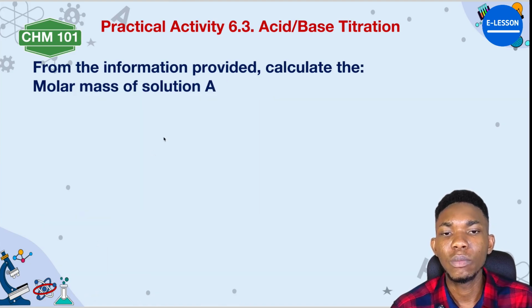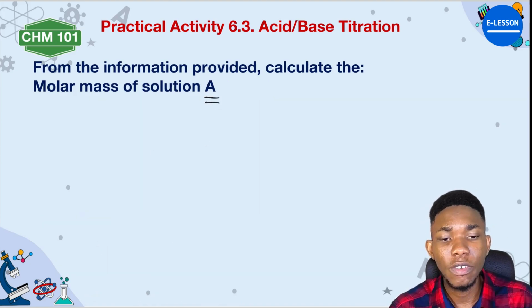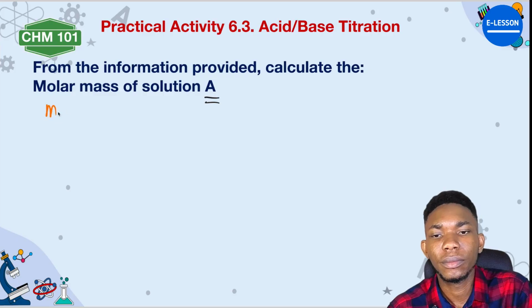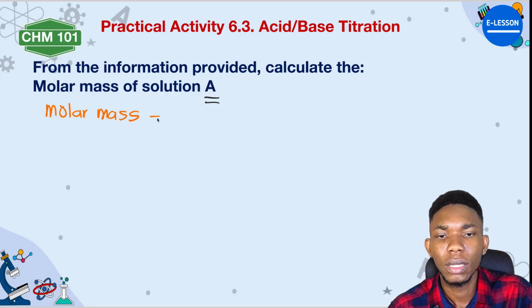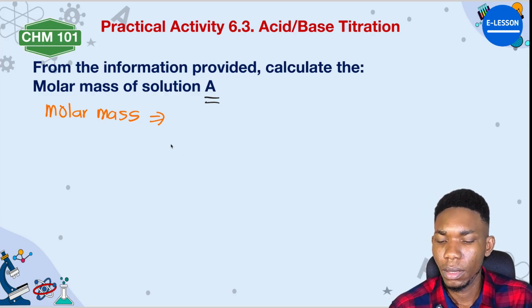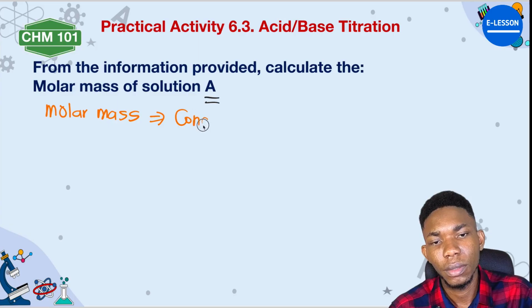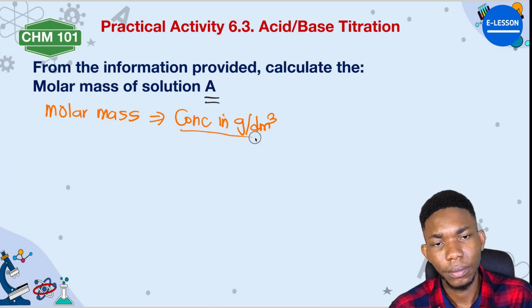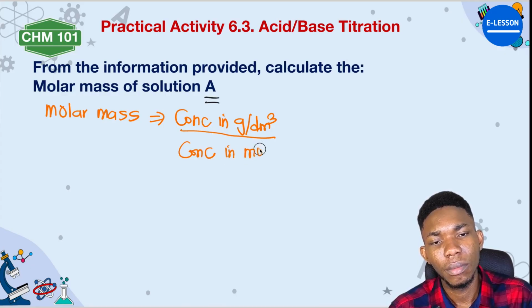Now, the next question is molar mass of solution A. Now, you use this formula to get the molar mass. Molar mass is equal to the concentration in gram per dm cube, are you getting it, then divided by the concentration in mole per dm cube.